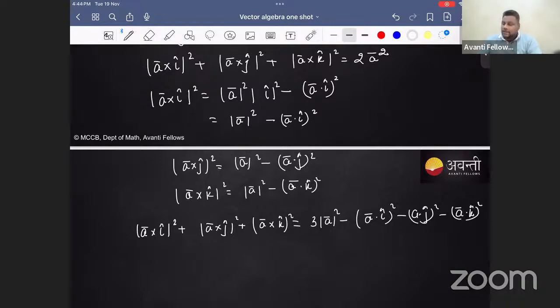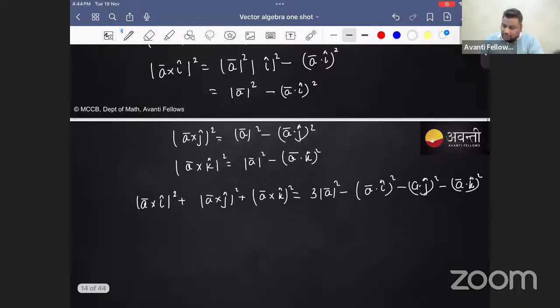Now let us assume A is A1 I cap plus A2 J cap plus A3 K cap.